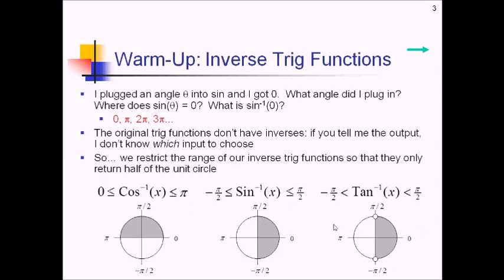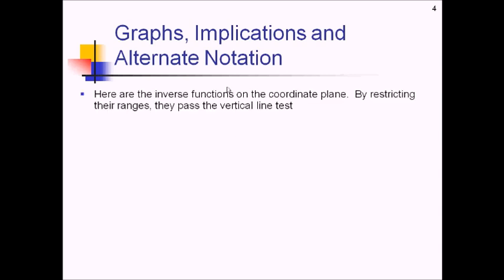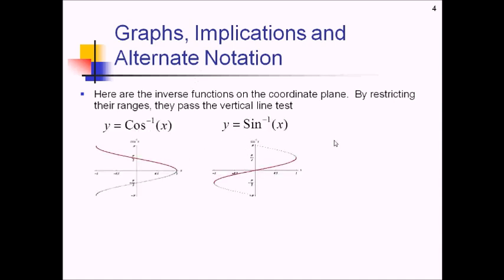Now, this is good news because it lets us actually output something on the calculator. We're going to see later on in the next chapter that this also gives us some limitations, but for now it's a good thing. Just a few more tidbits on our inverse trig functions before we use them. If you're wondering what these functions look like on the coordinate plane, here they are: inverse cosine, inverse sine, inverse tangent.